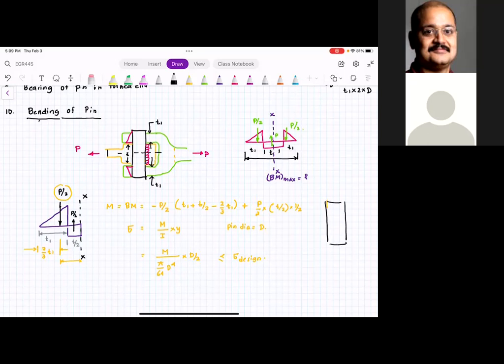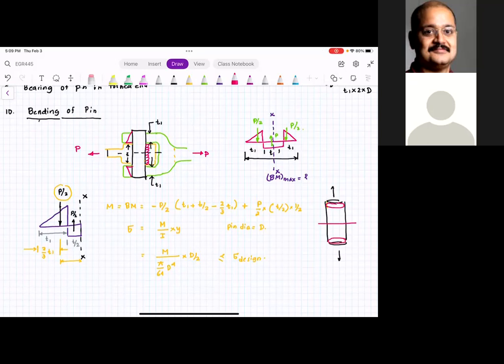Think about a simple tensile loading. All the analysis that we are doing assumes that we are far, far away from the point of application of load, which means our cross-section area is this. But you will realize when you do the finite element analysis, the stress here is significantly greater than the stress which is averaged out at the center.